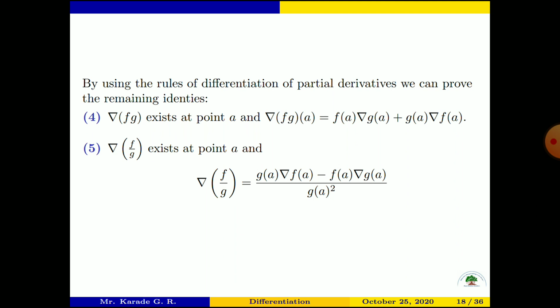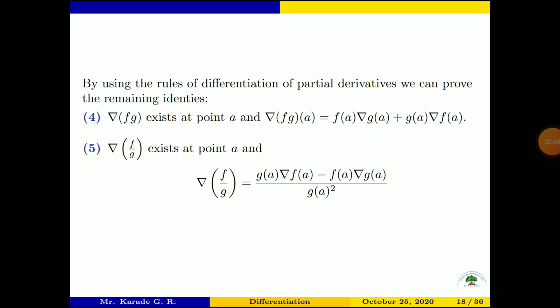And the fifth identity says that the gradient of f upon g exists at point A, and the gradient of f upon g is equal to g of A into the gradient of f of A minus f of A into the gradient of g of A, whole divided by g of A square.